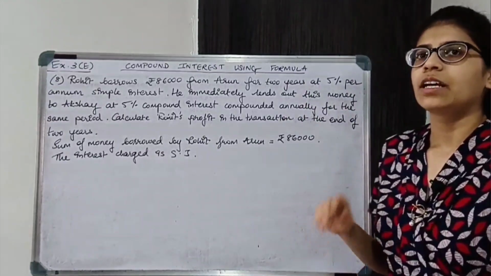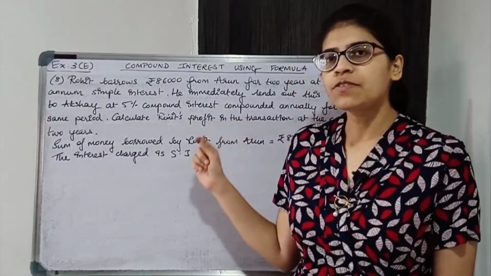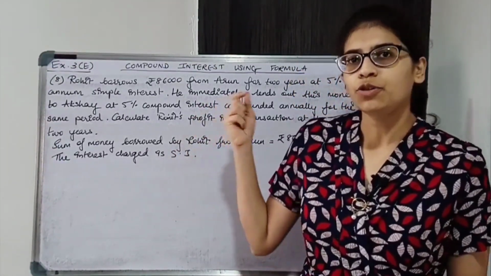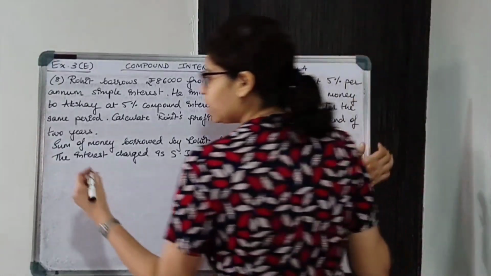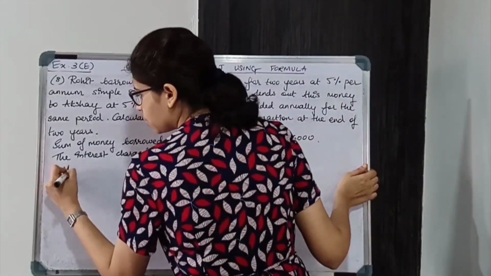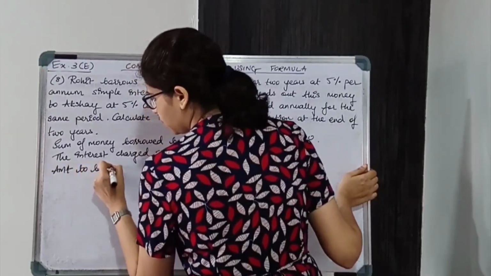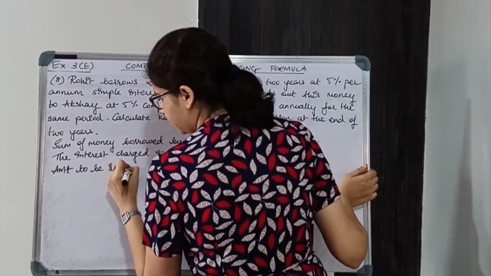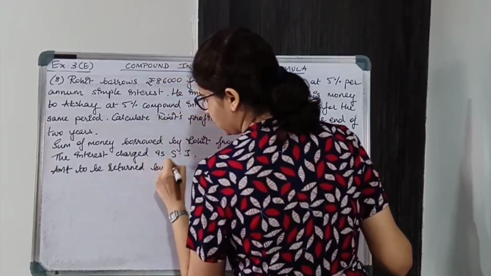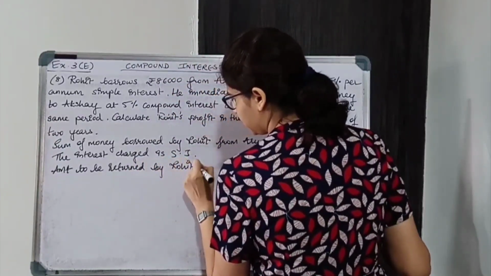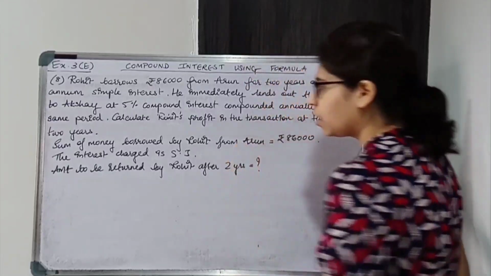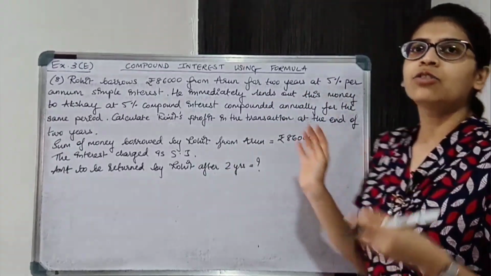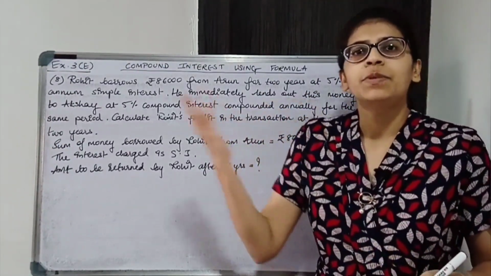Now first we'll find the amount to be returned by Rohit after 2 years. So that is nothing but the original sum plus the simple interest.